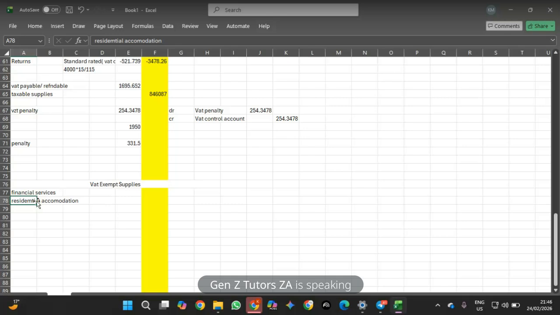It's residential accommodation for people to stay, but now frequently, like a B&B, so it would still be fully under what we call commercial accommodation and stuff like that.